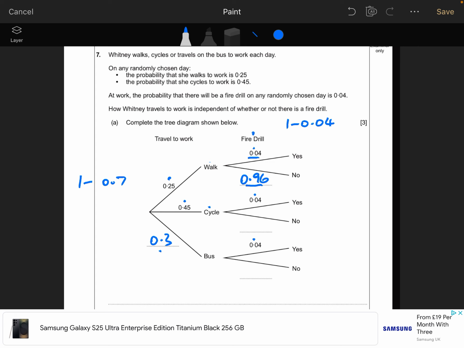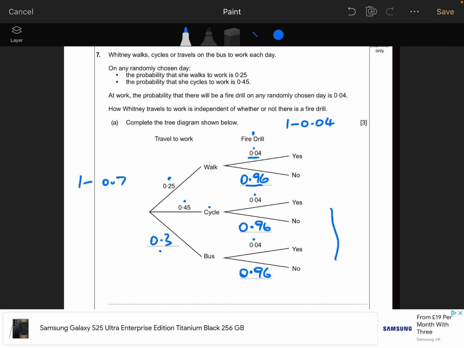Okay, 0.96 and 0.04 would give you 1, and that's repeated in the other blanks below because the probabilities are the same with the fire drill all the way through. So we've now completed the tree diagram, and that's worth 3 marks.